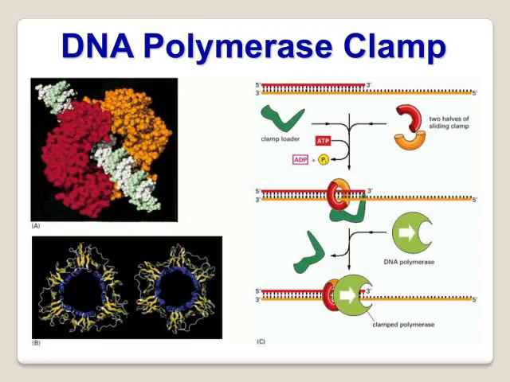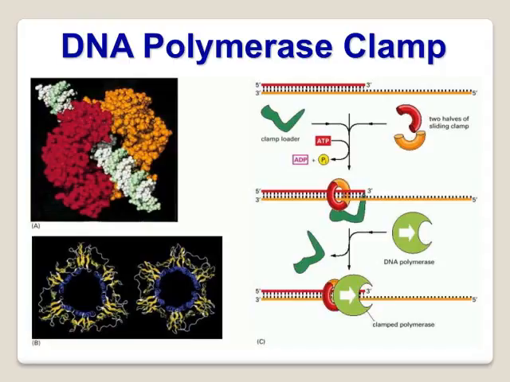DNA polymerase is a processive enzyme. In other words, it stays on the DNA and doesn't fall off until the time has come for it to fall off. And so we call that processive. What enables that are two proteins: a clamp loader and a DNA polymerase clamp, right here. And really, the DNA polymerase clamp is exactly what it says.